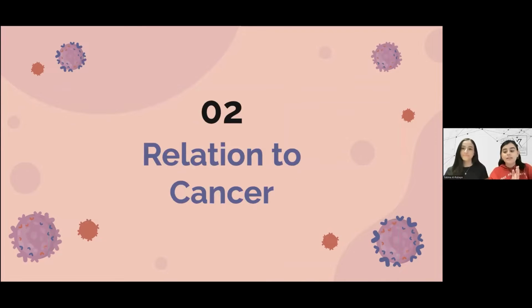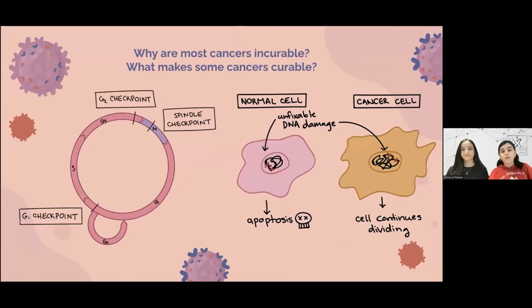Now, how do we relate this to cancer? Before I start, we should know that some cancers are curable while others are incurable. But what factor distinguishes these two? To begin with, most cancers are known to be incurable, and this is because they involve disruptions within their cell cycle, and therefore it causes the cell to continually grow.